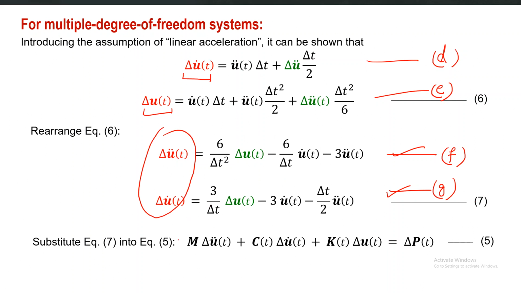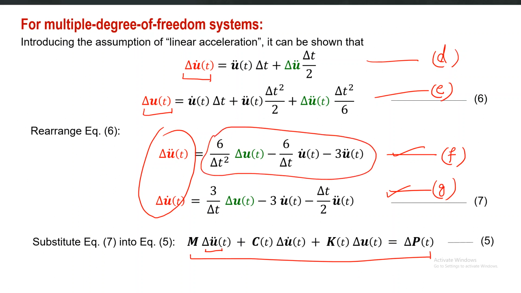We can put them in the incremental form of the governing equation of motion. We have delta u double dot here that can be replaced by this whole term. Similarly, we have delta u dot here that will be replaced by this whole term. And here you have delta u already, so this term will remain the same.